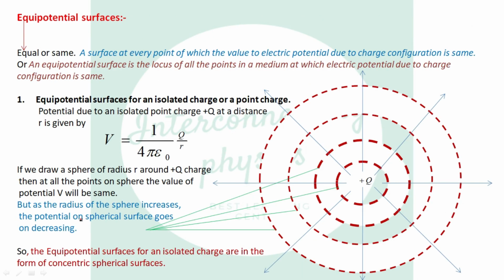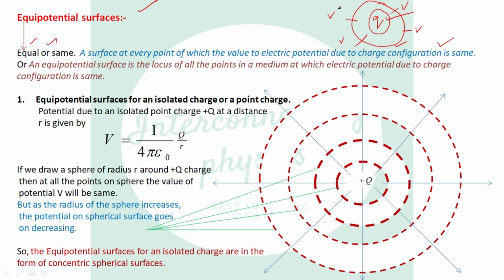Now let us discuss equipotential surfaces. Equi means equal or same. So it is a surface at every point of which the value of electric potential due to a charge configuration is same. Suppose we have a point charge Q, and the potential around it is in the form of spherical symmetry. So the potential at this point is same, at this point is same, at this point is same.